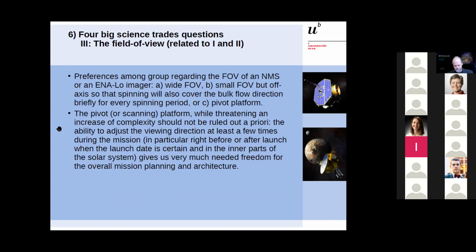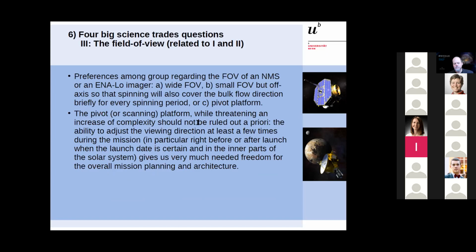This is just the discussion about the pivot platform. We heard that the pivot platform is a possibility for the ENA instruments. Of course, then we have a similar question here for the neutral mass spectrometer or ENA low or whatever. How about the pivot platform here?